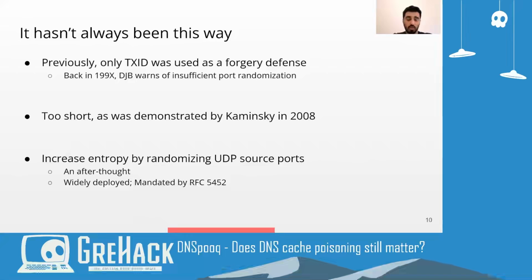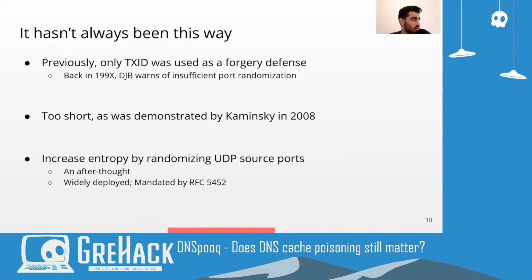And as we said, the transaction ID is 16-bit, and this was demonstrated by Dan Kaminsky in 2008 to be too short, meaning that sending 64K packets is very much feasible. This is what Kaminsky showed.